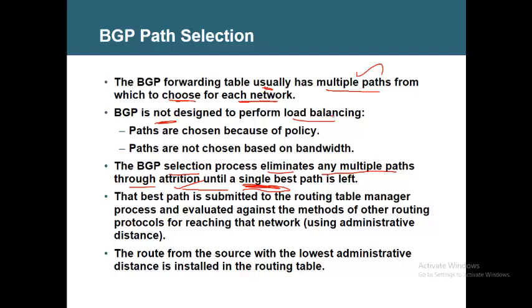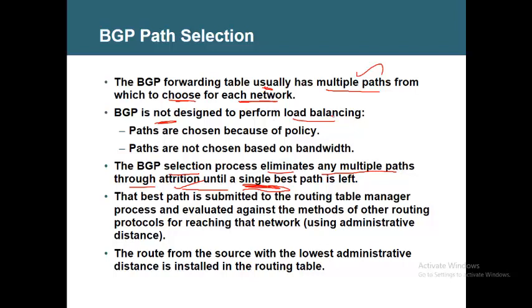They did not really understand the purpose of BGP. Those people who argue with you saying it can do load balancing are wrong. BGP is not designed to perform any load balancing. When you have multiple paths, you cannot do load balancing like you do in EIGRP.